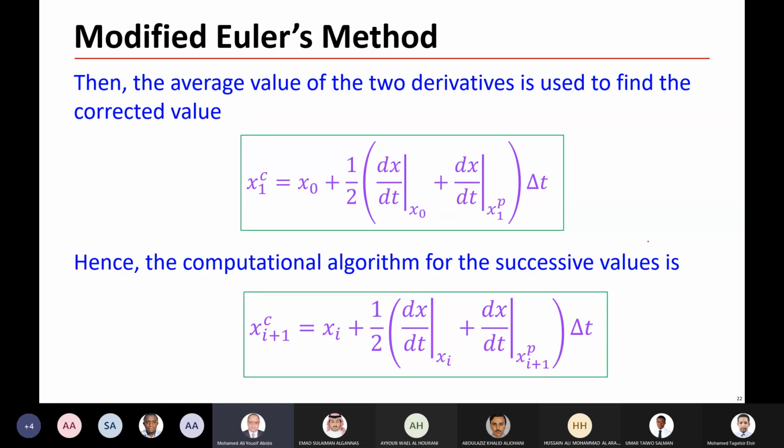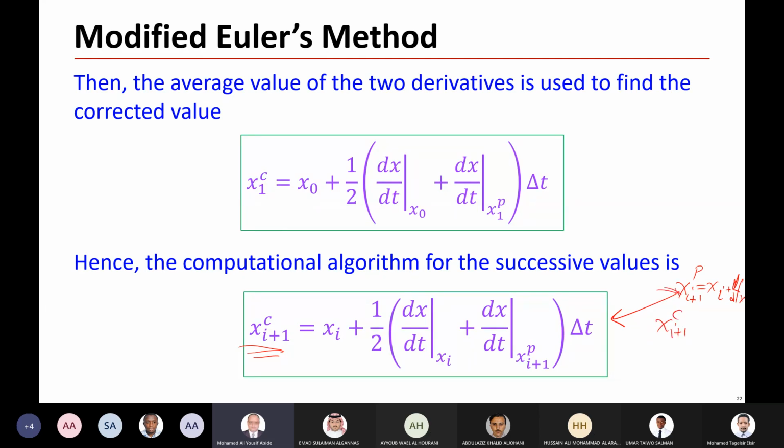As you can see here, for each calculation of xi plus 1 corrected, you need to calculate xi plus 1 predicted first, which is equal to xi plus the derivative d by dt at xi times delta t, and then you get xi plus 1 corrected.